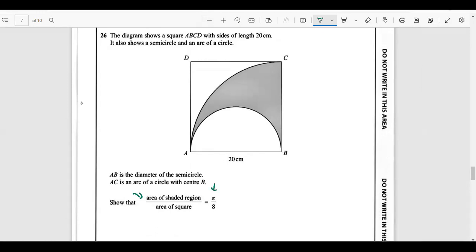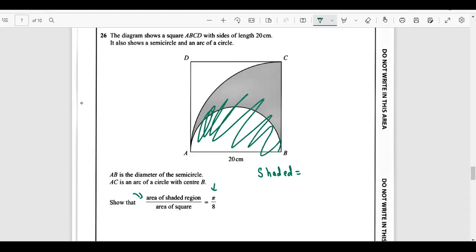Okay, let's talk about the shaded region first. For the shaded region, I need to find the area of this complete arc, the sector, because it says AC is an arc of circle with center B. So I do have the angle, it's a square. So the angle would be 90 degrees.